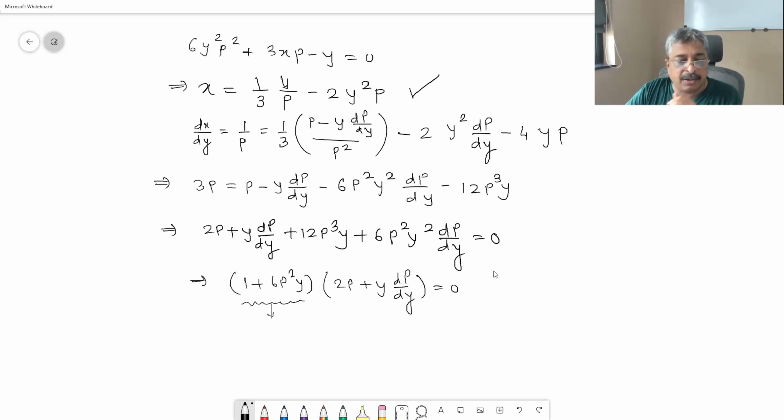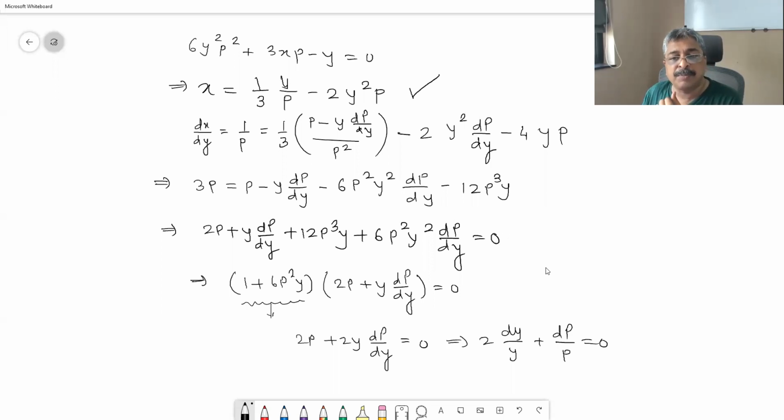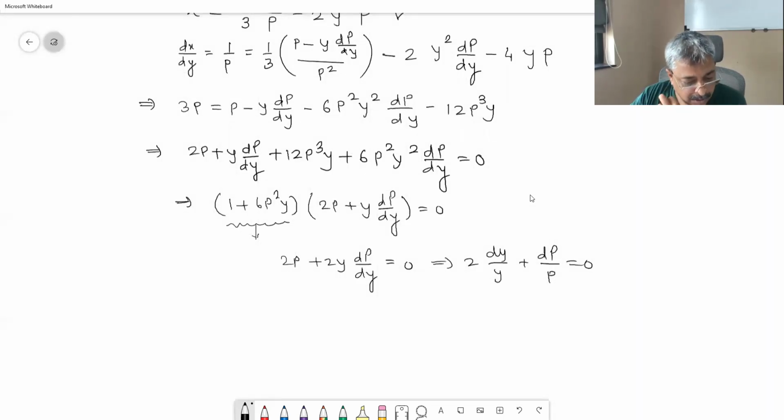Therefore, we get 2p plus 2y dp by dy is equal to 0, which is 2 dy by y plus dp by p is equal to 0. It is variable separable type, and hence you can solve it and get the final equation as y square p is equal to constant.